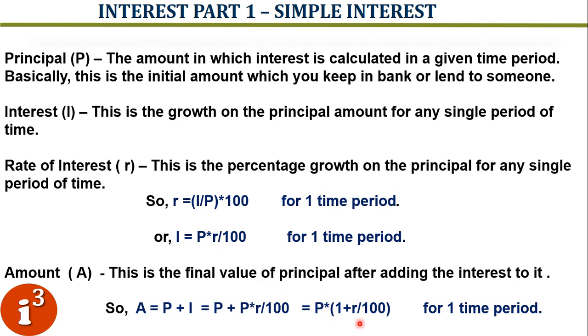So this will be P into 1 plus R by 100 for one time period. This is valid for any type of interest, whether simple or compound. Whatever type of interest you operate, the basic is P plus I, amount. So interest is P into R by 100, so amount will come out to be P into 1 plus R by 100. This is for one time period.